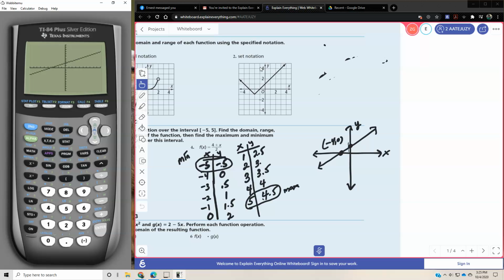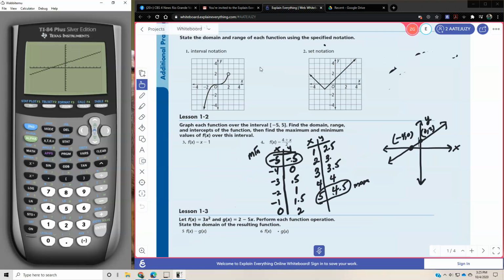And this right here is your y-intercept, which is 0, 2. So this is your y-intercept, this is your x-intercept. And once again, your max and your min are shown on the table. So here's your max value, and here's your minimum value, okay?